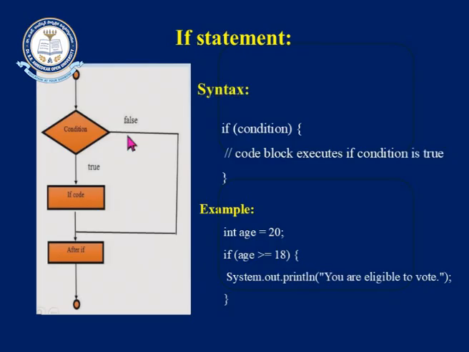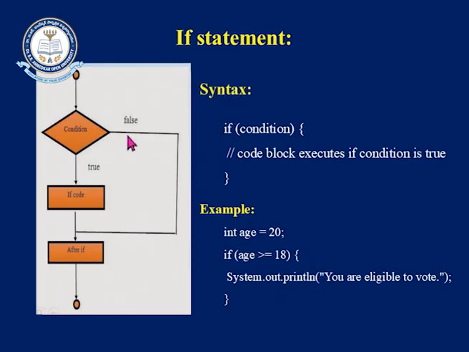I will show you how the if statement works. This flowchart here will help you understand the flow of the if statement. Right now the current execution point is here. Now I want to execute this if code only when this particular condition is true. I don't want to execute this code every time I run the program.